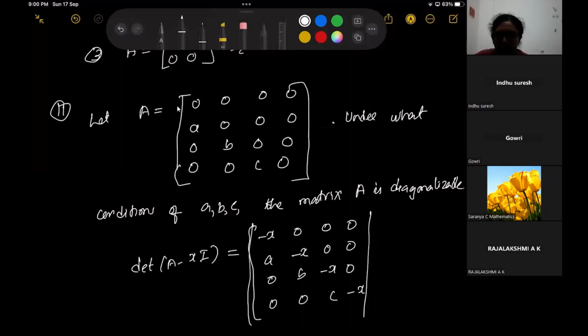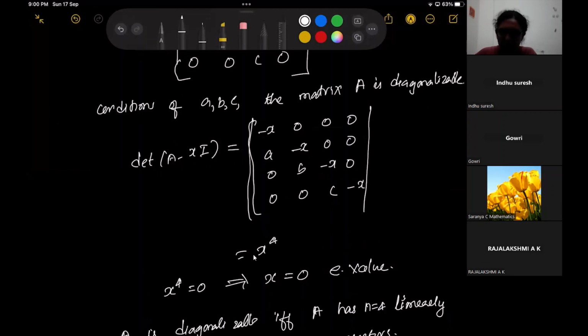So this is the matrix A, which has a, b, c here. All others are 0. First, we find the characteristic equation or characteristic polynomial of this, and we got the characteristic polynomial as x power 4. So we equate this to 0 to obtain the eigenvalue. We obtain x equal to 0 as the eigenvalue.